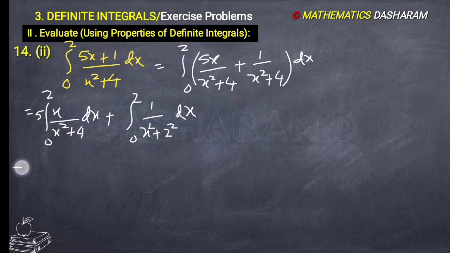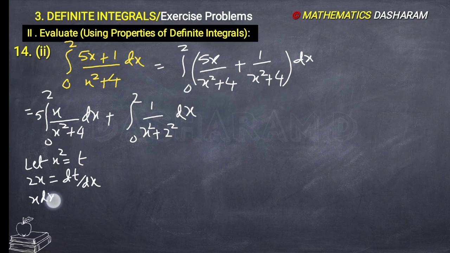So it is equal to 5 into, here let's take x square equals t, then its derivative is 2x equals dt by dx. From this, x dx equals dt by 2.